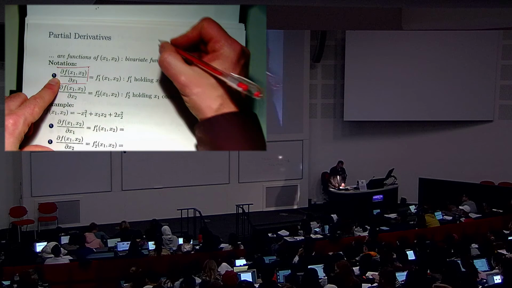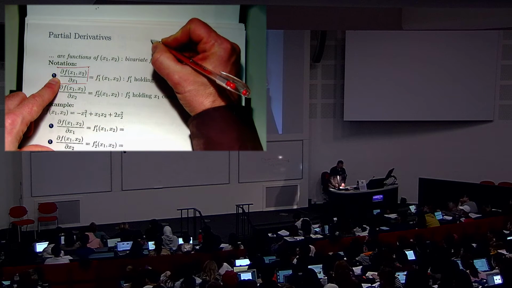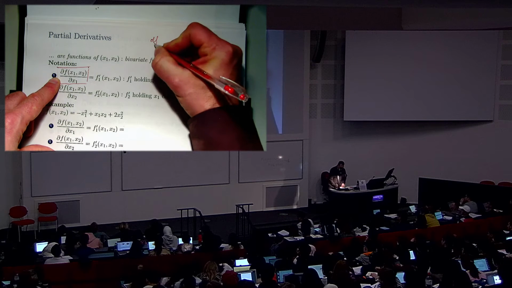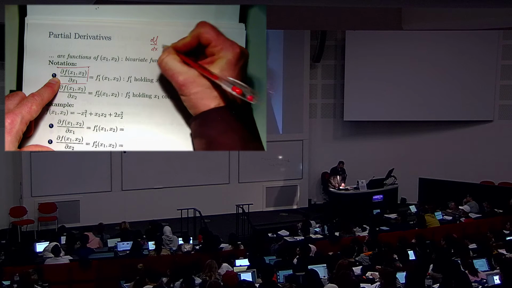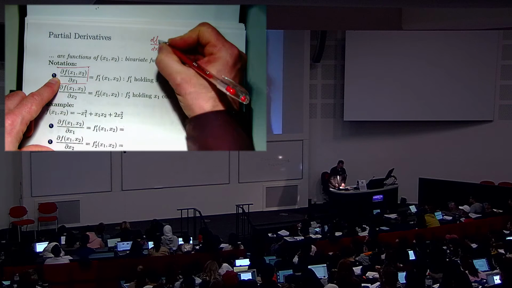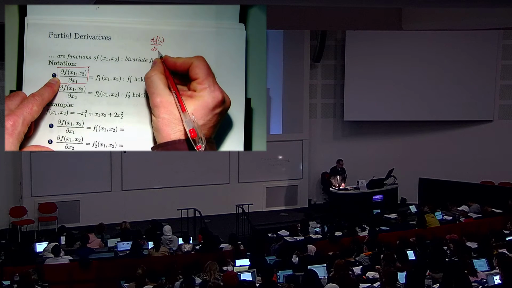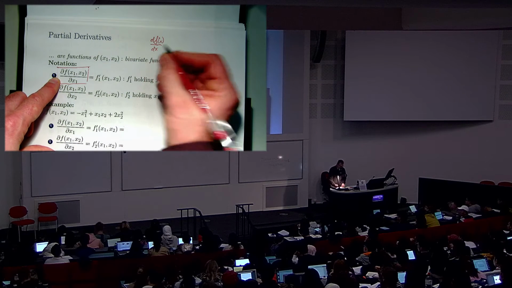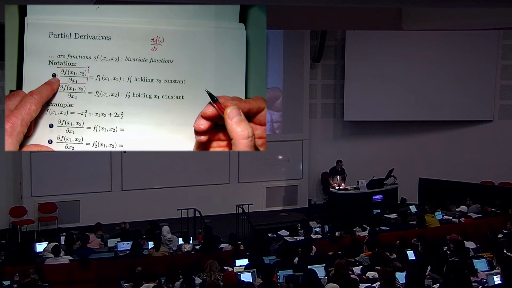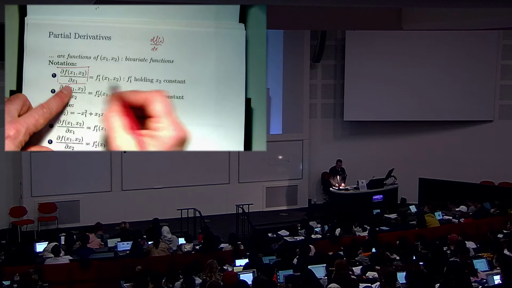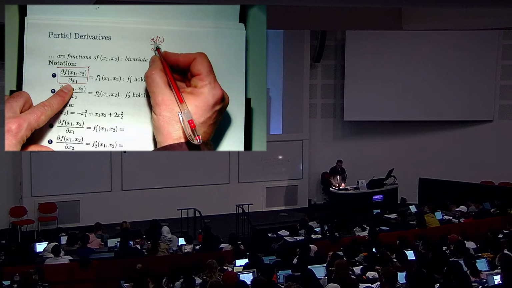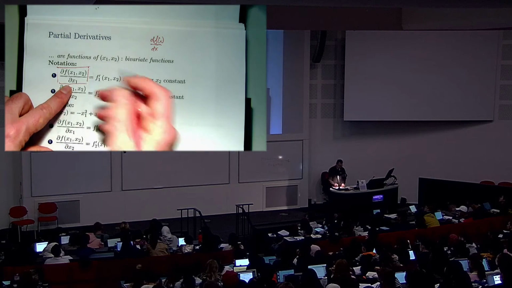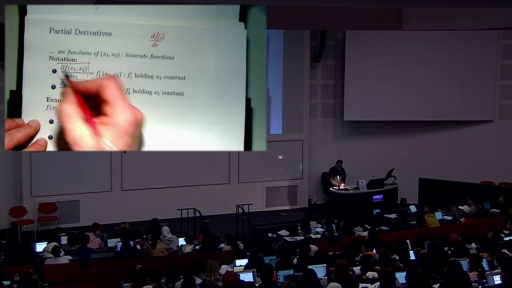Remember when we had a univariate function, we calculated the derivative, we would sometimes say df dx. That was our notation in a univariate function. Now when we have multivariate functions, we have to use different notations. So we don't use the d anymore, we use that Greek delta.